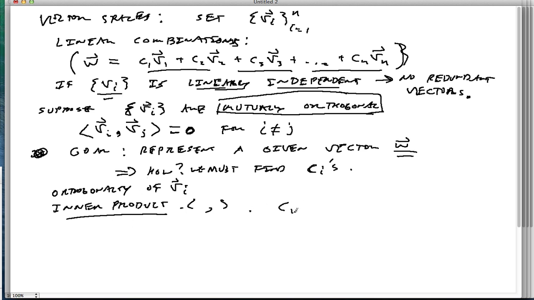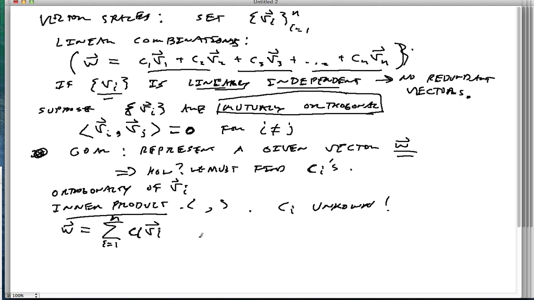What we say is the ci are unknown, but we need to find them. So we need to find a way to compute the ci. Well, we do this by setting up W. W is given to us. And we can write this sum in a more compact form. It's just the sum i equals 1 to n of ci vi.